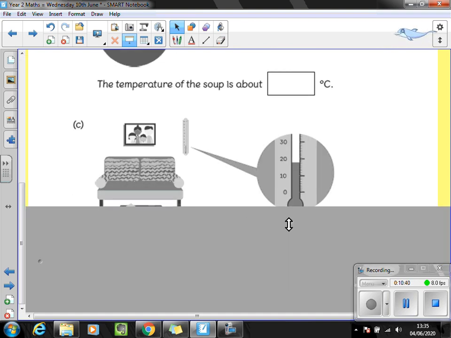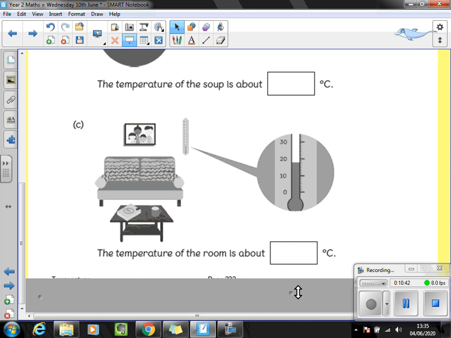And question C. The temperature of the room is about how many degrees Celsius? Take note that when we use a thermometer, sometimes the scale which helps us know the exact temperature is vertical, and sometimes it's horizontal, depending upon the type of thermometer you have.